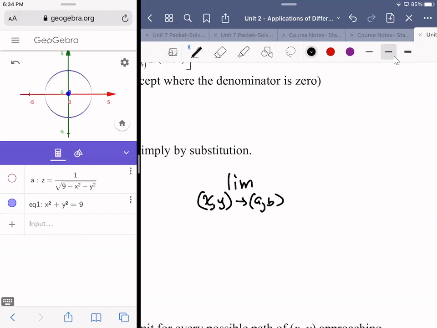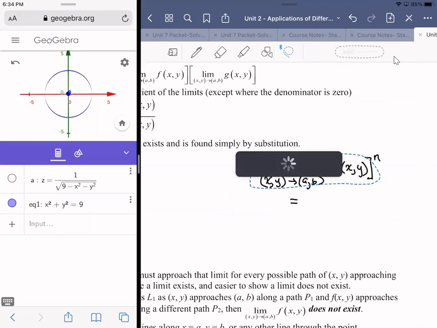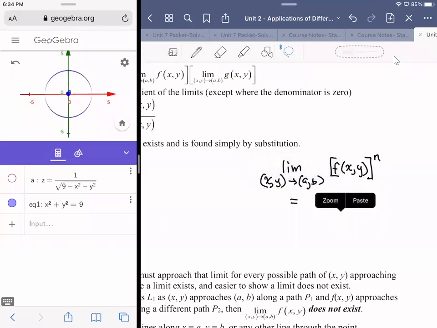And so some function f of (x, y) raised to the nth power, put it in brackets, is equal to the same thing, eventually. This is an extension of the multiplication rule, except it's the whole limit.